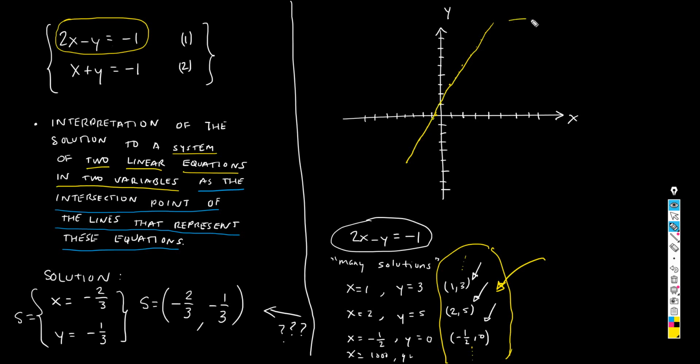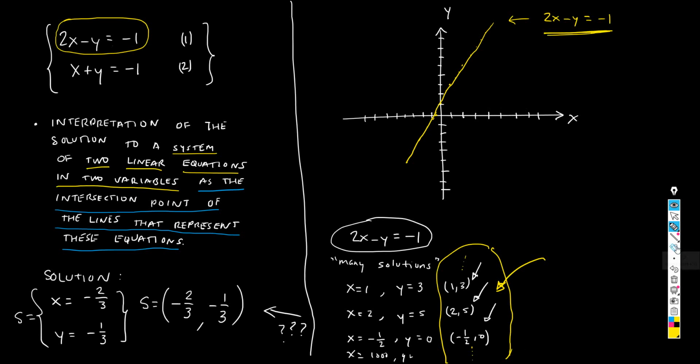And this line represents your equation number 1. You see how easy it is? That's what we mean by a line representing an equation in two variables, a linear equation in two variables. And that's how it works.